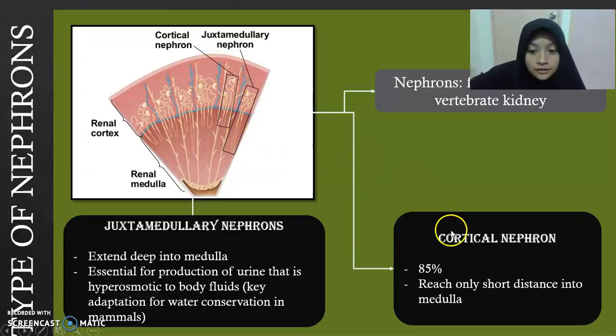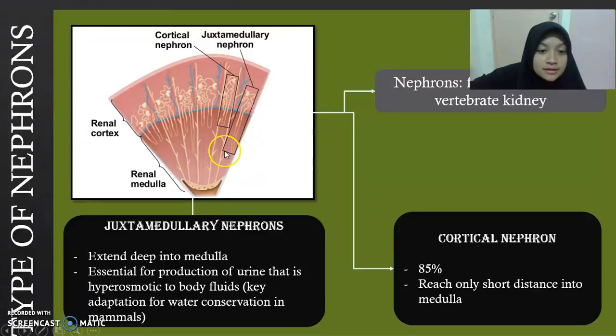For the cortical nephrons, there are 85% of them in our kidney. They reach only a short distance into the medulla, compared to the juxtamedullary nephrons, which extend deep into the medulla.